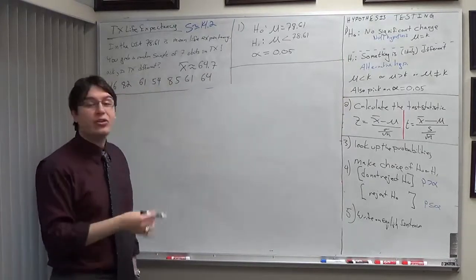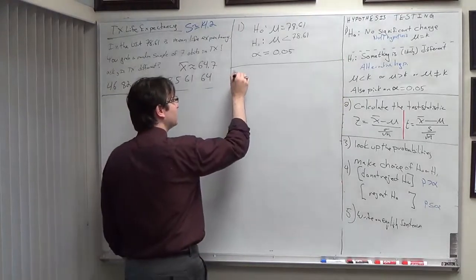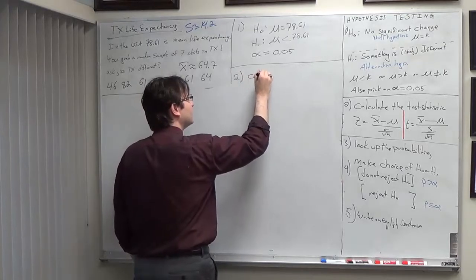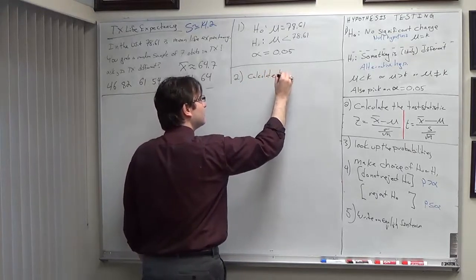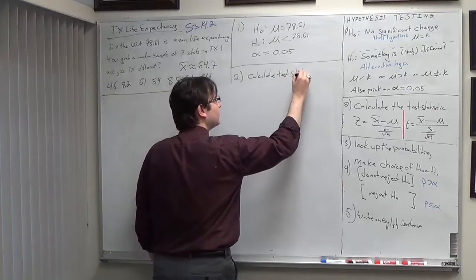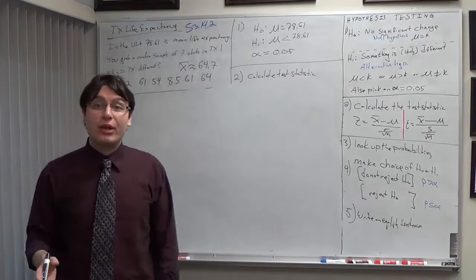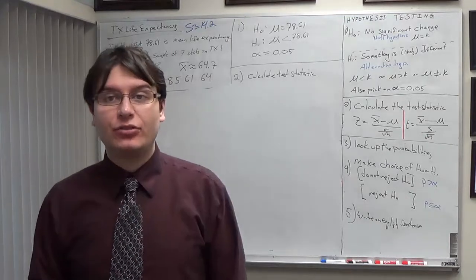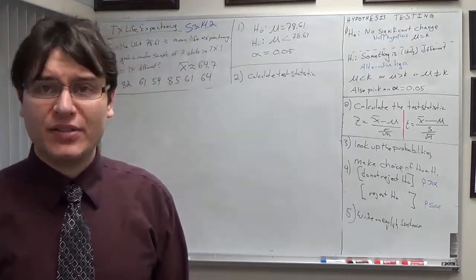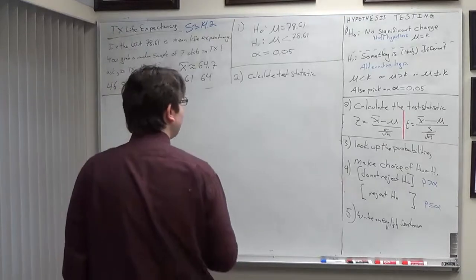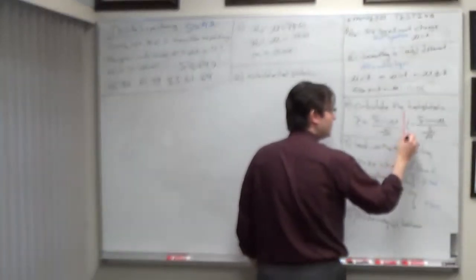Step 2, calculate the test statistic. We do not have information about the population deviation. There's nothing on the board that tells me about sigma. Consequently, I am stuck with using a t-test.